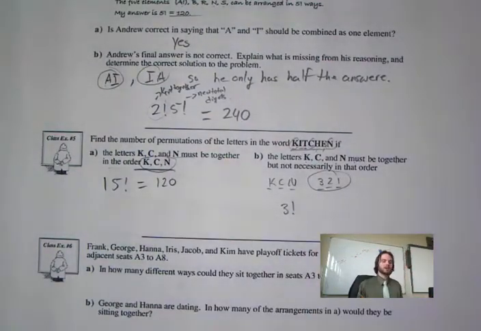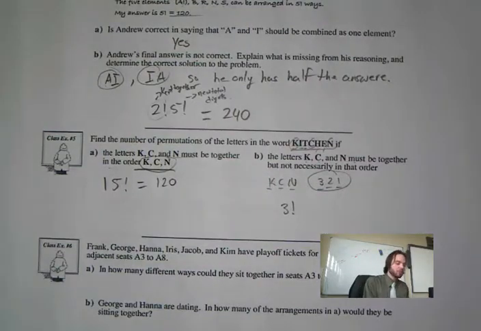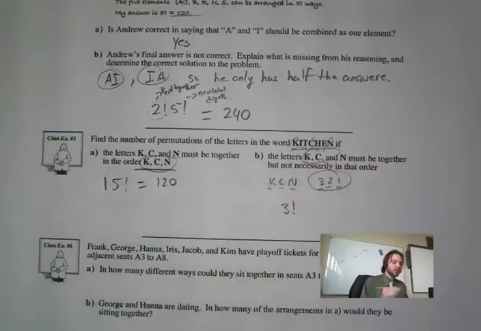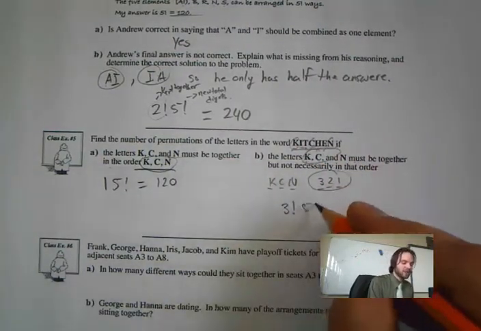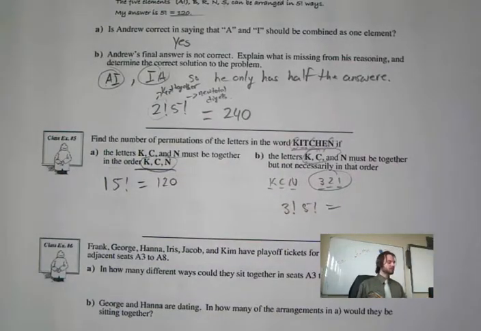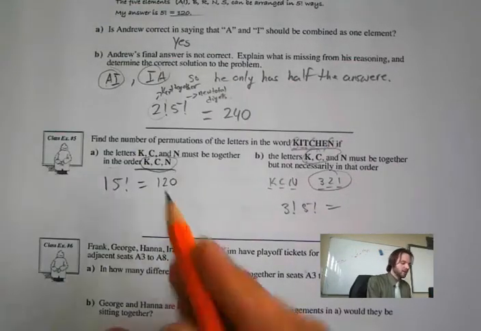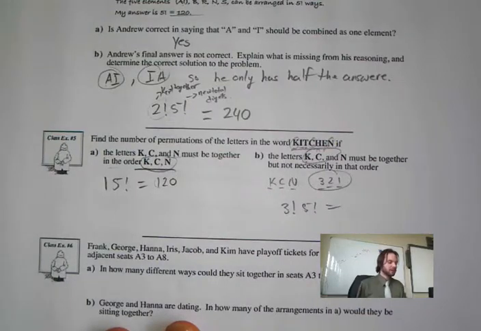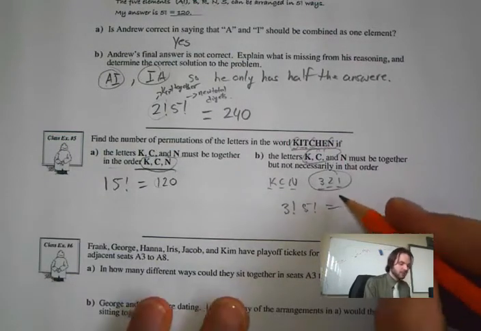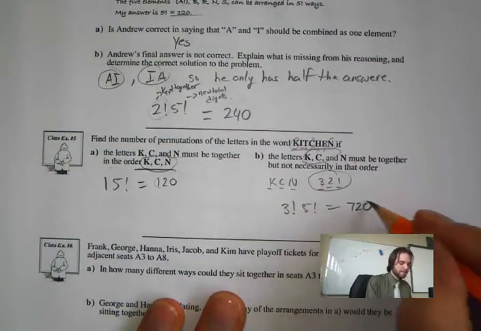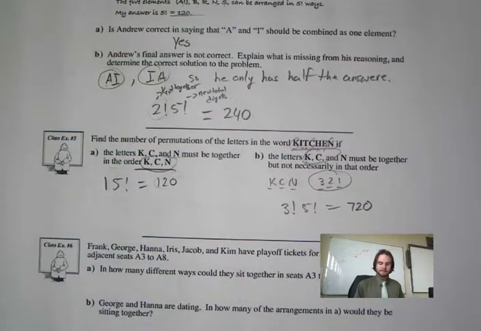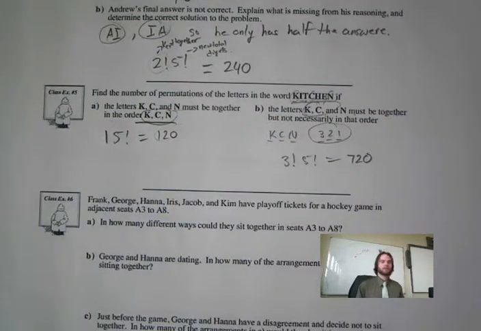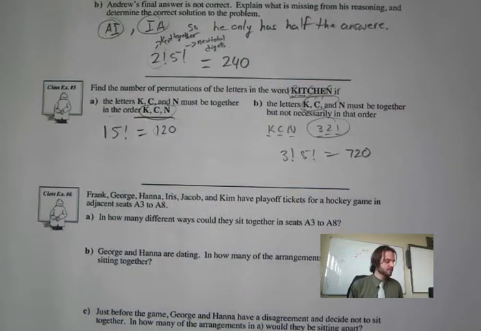Because these all count as 1 digit, we have a total of 5 other digits, which gives me 120 multiplied by 6, which is 720. Or we could plug that into our calculator.